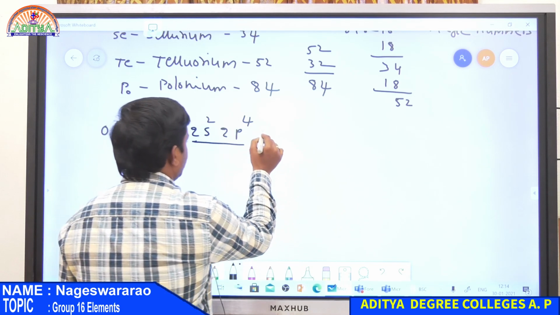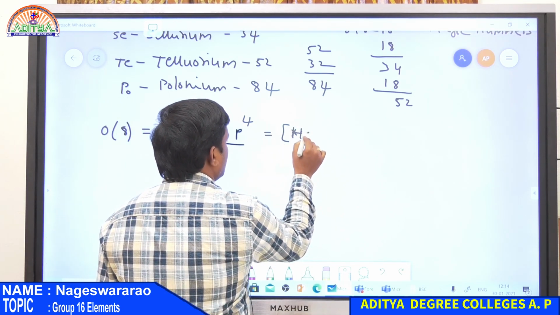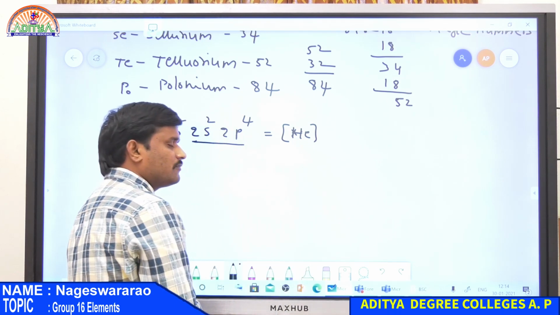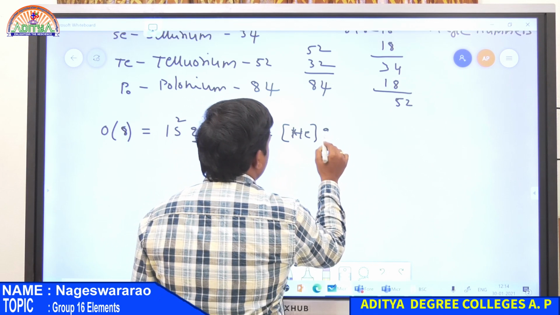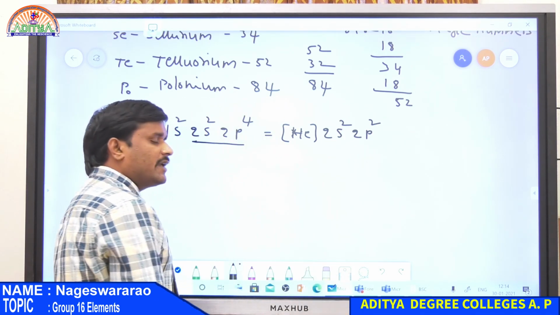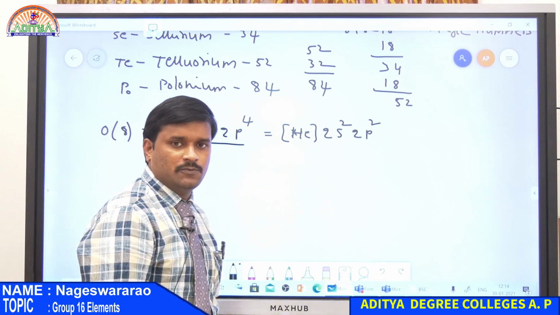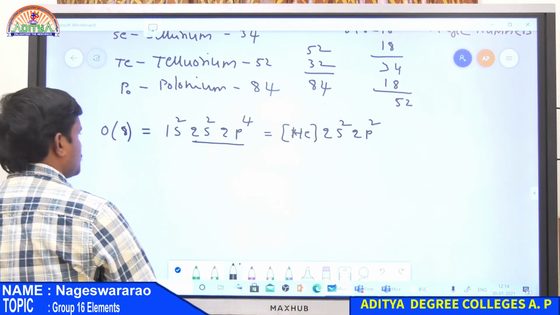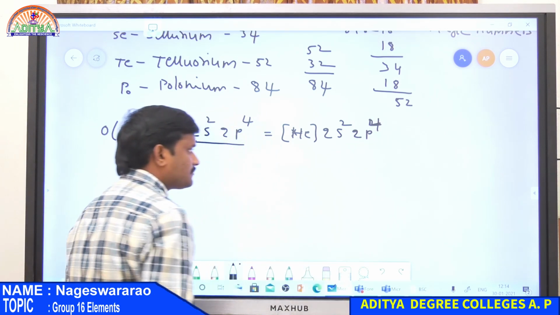This is simply written in terms of the noble gas helium. Helium's atomic number is 2, so it is 1s2. So the electronic configuration of oxygen is helium 2s2, 2p4. Total 8.